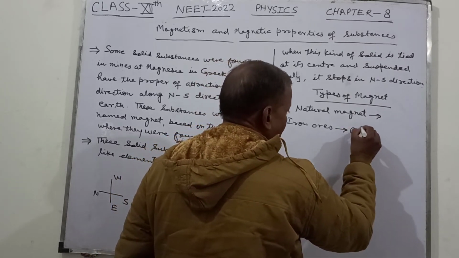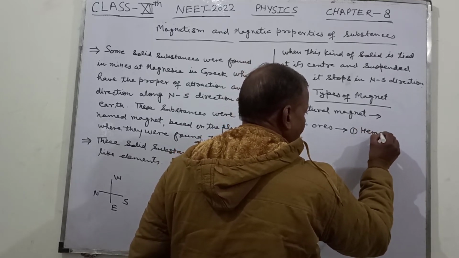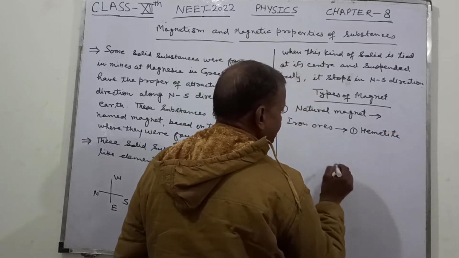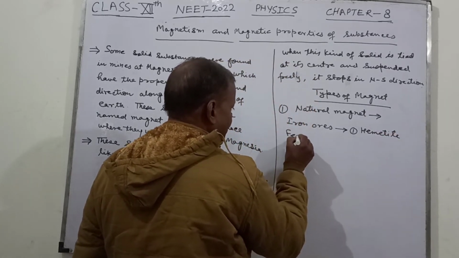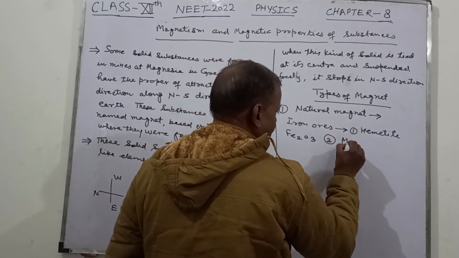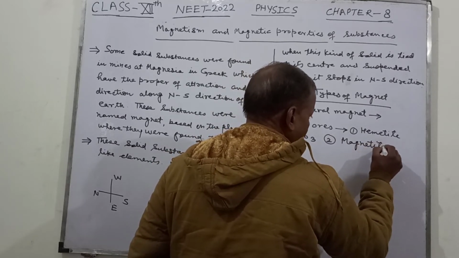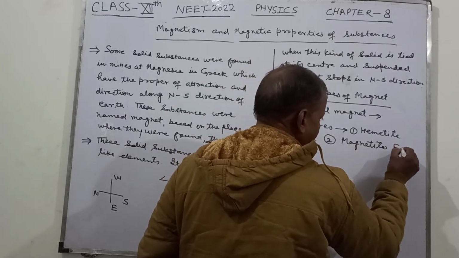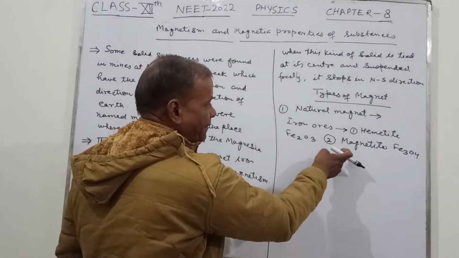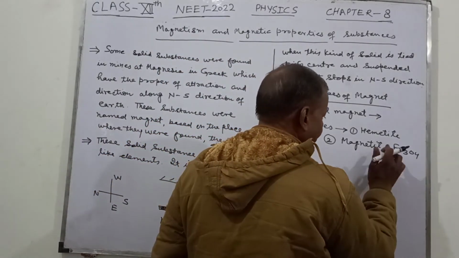One is hematite, this is Fe2O3, and number 2 is magnetite, this is Fe3O4. So this magnetite has the property of magnetism.